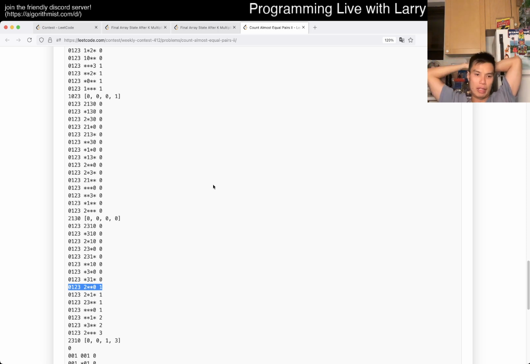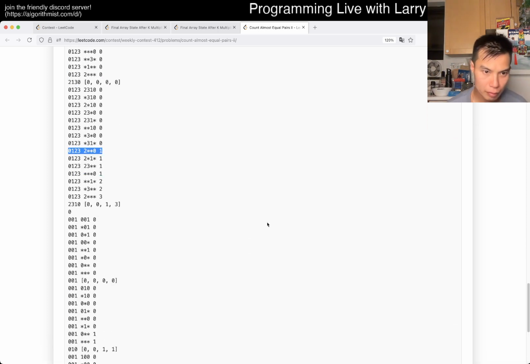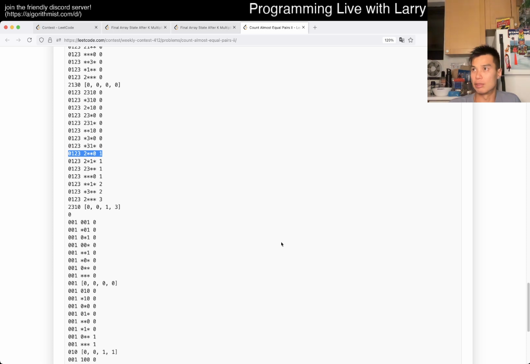But we double counted, right? Don't we double count it? How do we subtract out the double counting? But it could be inclusion exclusion, right?